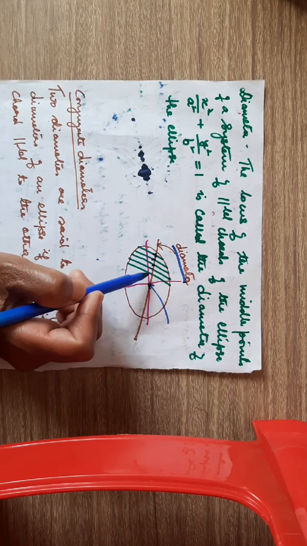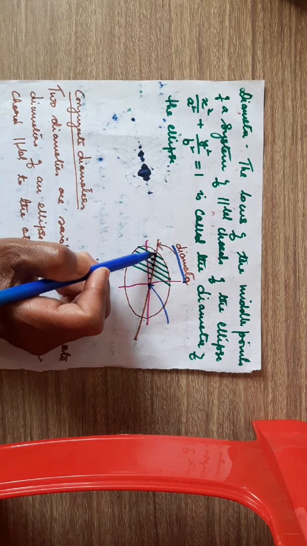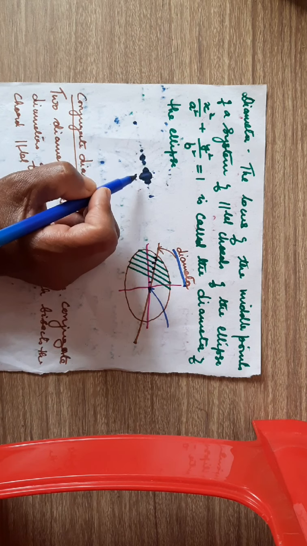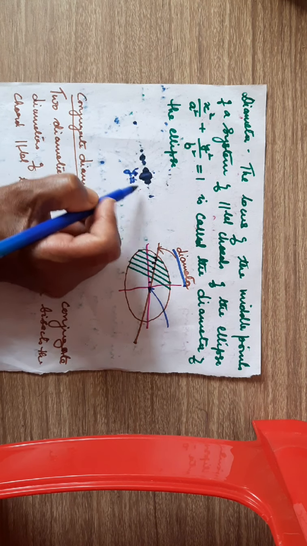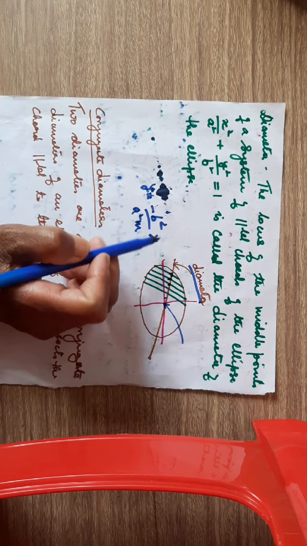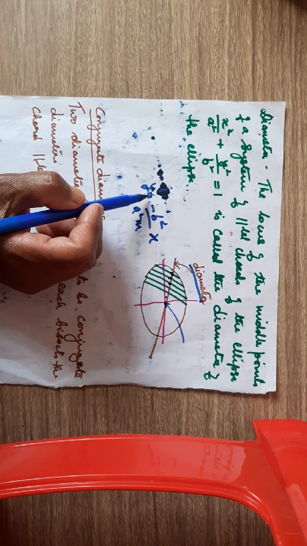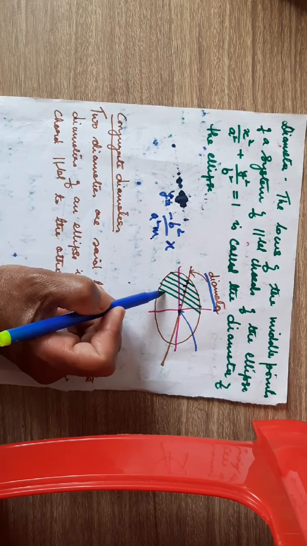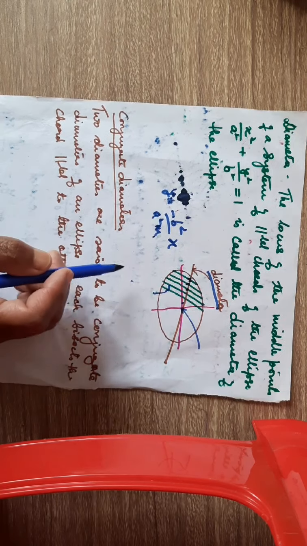So the diameter of the ellipse will be this one, a straight line which passes through the midpoints of the system of parallel chords, and it is given by the equation y is equal to minus b square by a square m into x from the earlier discussion. Okay, so we have the expression y is equal to minus b square by a square m into x, where m here represents the slope of the system of parallel chords.